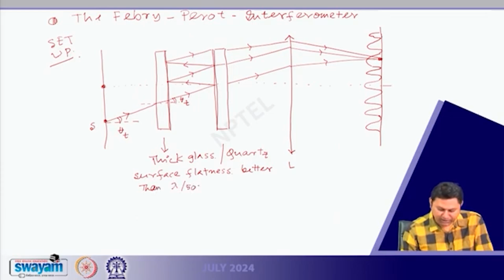Lambda is the wavelength of the light that is used. So, very highly polished surfaces are there.